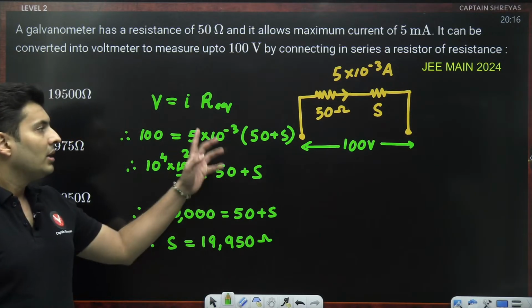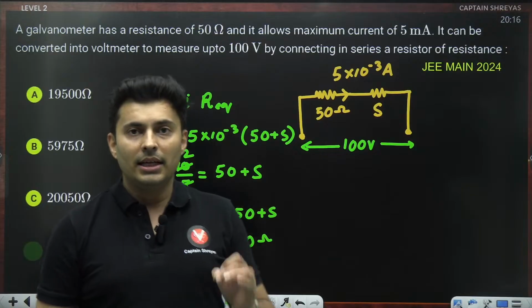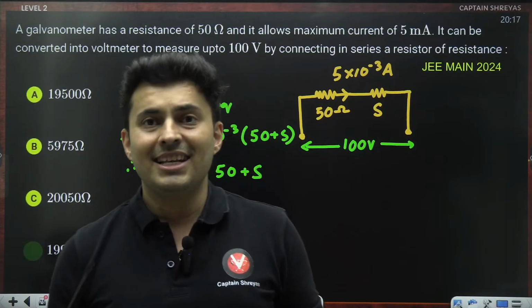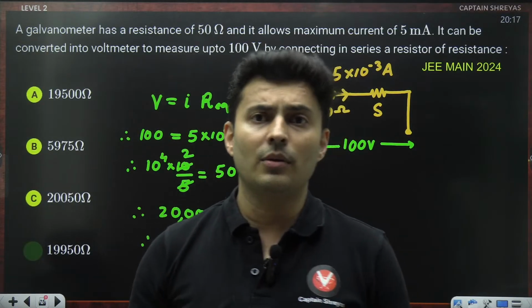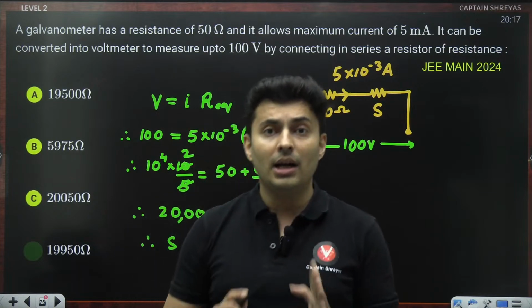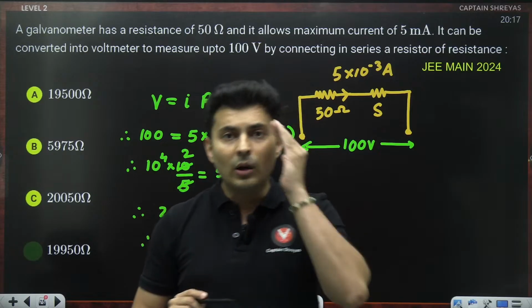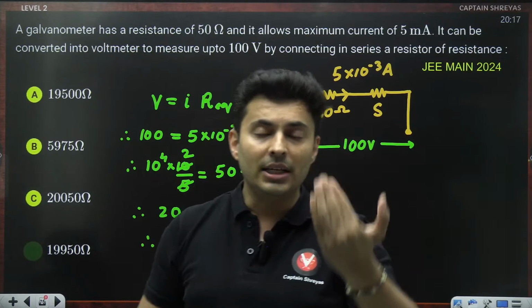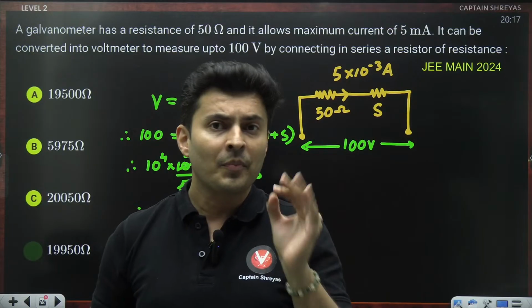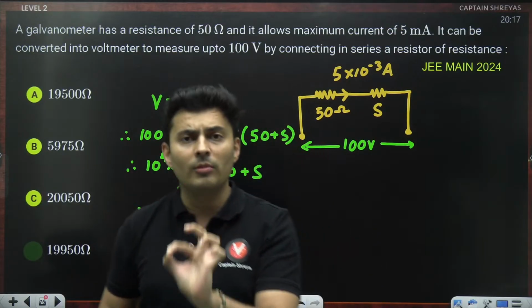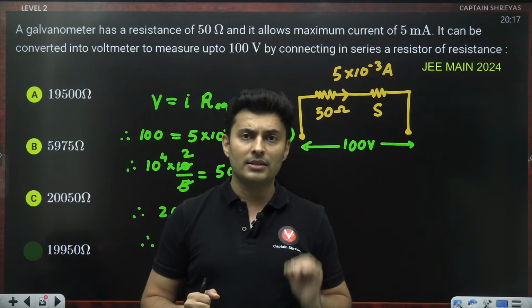Got it? I always tell my students that whenever you get voltmeter and ammeter questions, don't learn by heart or recollect any formulas. Instead, recollect how the setup is, whether a shunt or a series resistance is there, and just treat it like your normal series or parallel resistance problem.